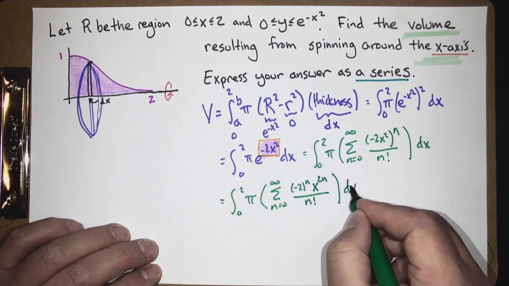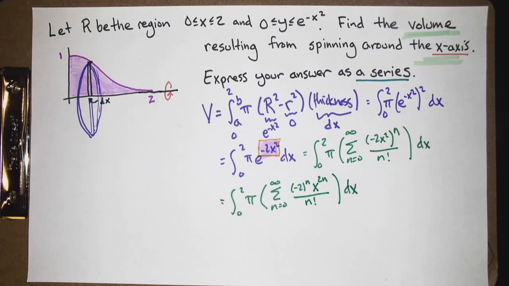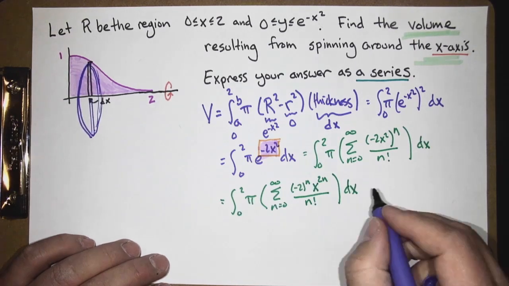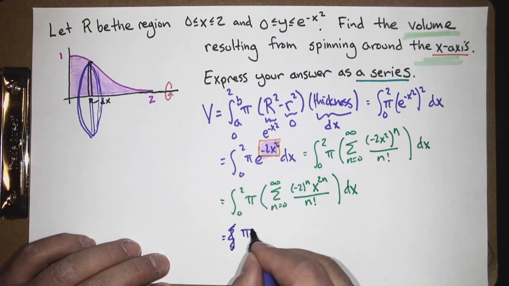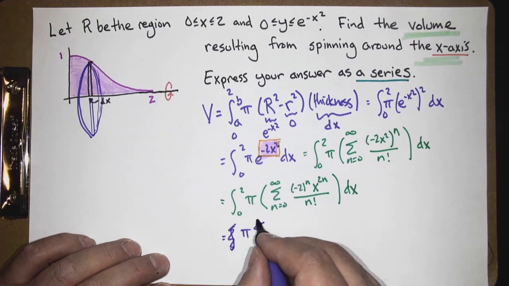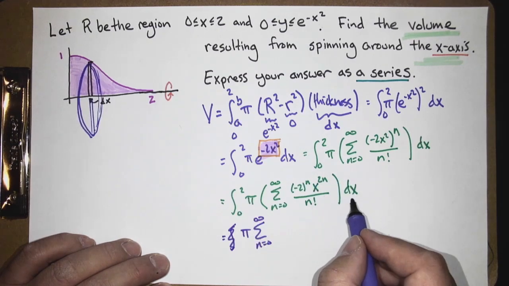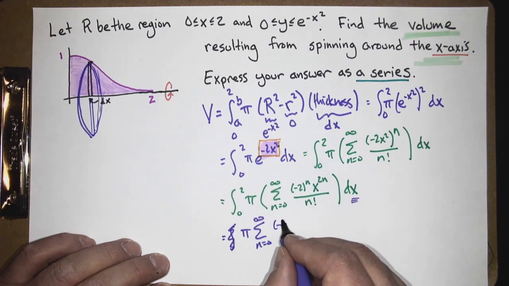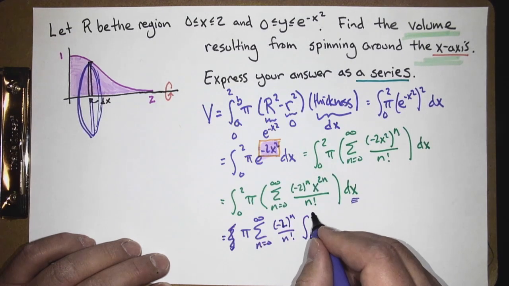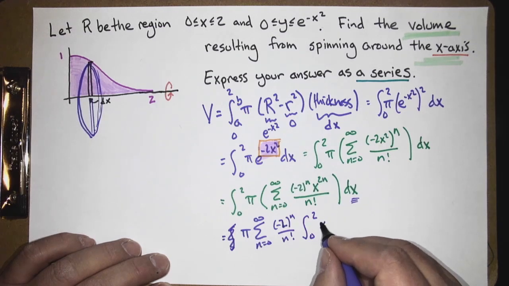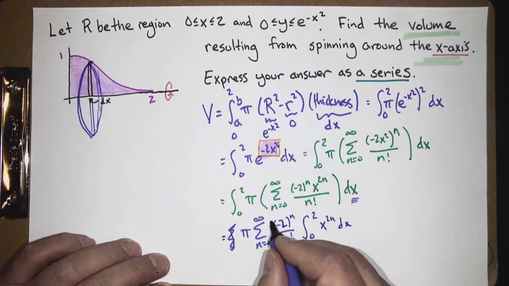All right, what comes next? We integrate. How do we integrate? Bring in the integral, integrate term by term. So this becomes pi times the summation n equals 0 to infinity. Anything without an x, as we're integrating with respect to x, I'll just leave outside the integral. So you have minus 2 to the n over n factorial, integral from 0 to 2 of x to the 2n dx.